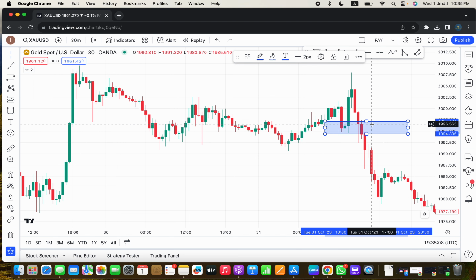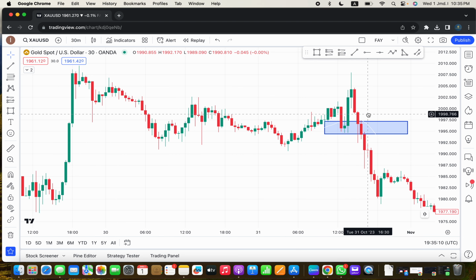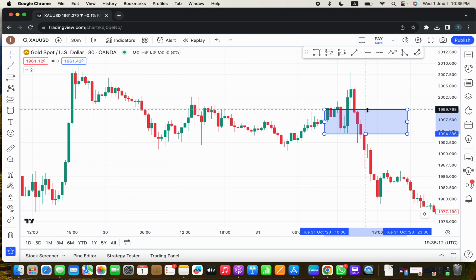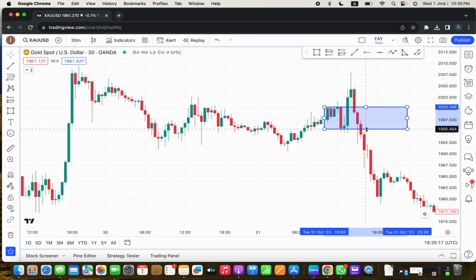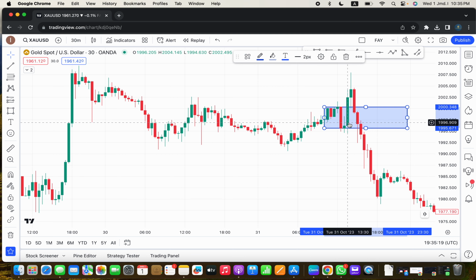The first step is to draw the box to cover the full body of that engulfing candle. Okay, this is the full body of the engulfing candle. Then we begin to look for when the candle will break out and return in again.